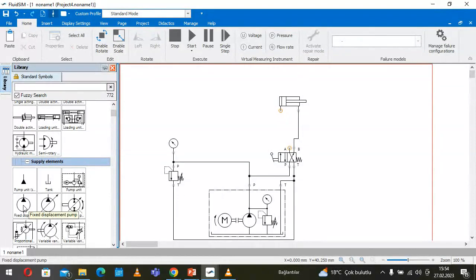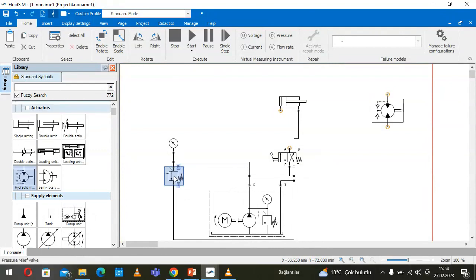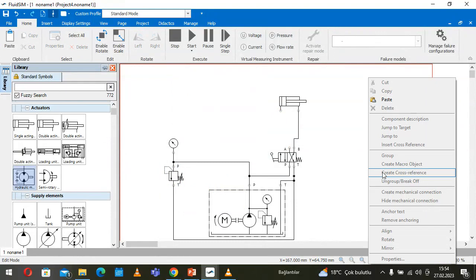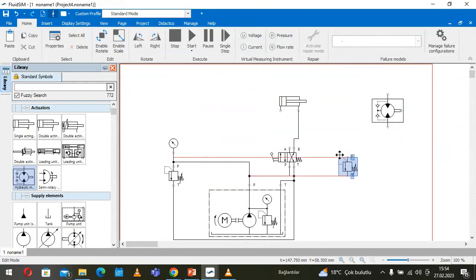Here. This is the pump, and this is the hydraulic motor. So let's say the hydraulic motor here, and the pressure relief valve. Let's copy one here and put it here.